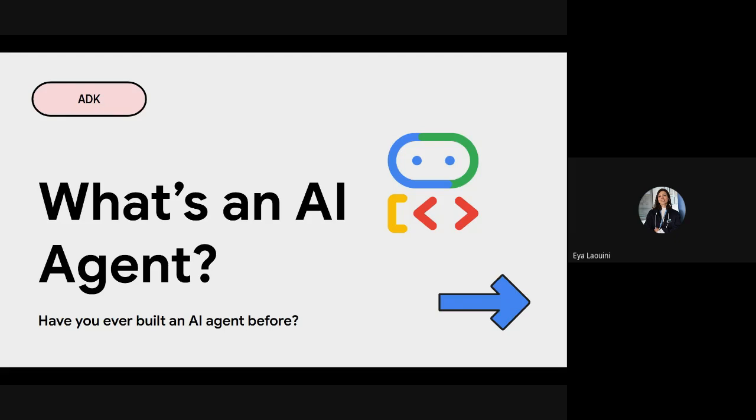So Ali said the AI agent is basically a complex workflow that can adapt according to its environment. Mhm. Fatima said AI agents are software systems that use AI to pursue goals and complete tasks on behalf of users. Okay.